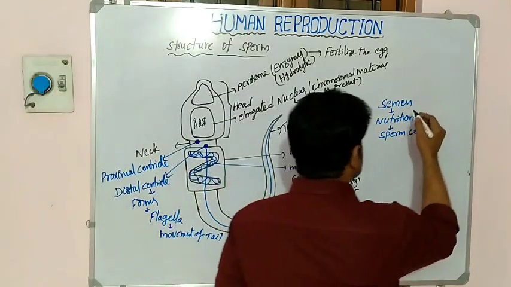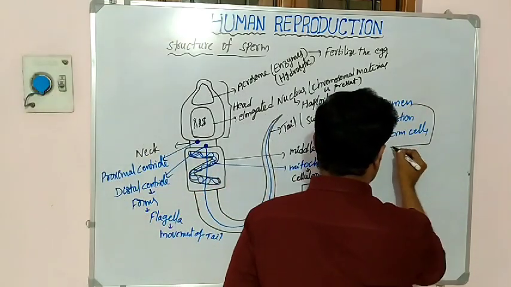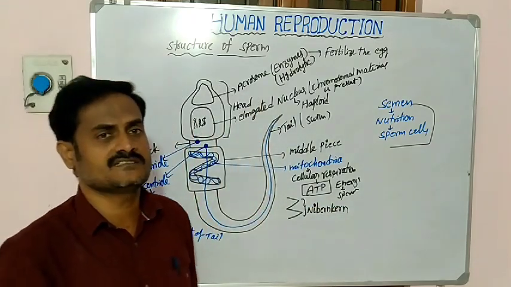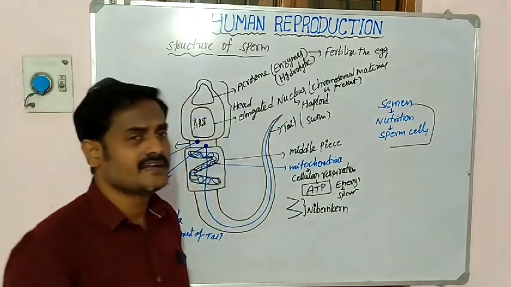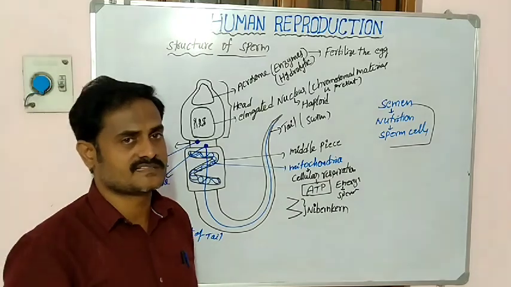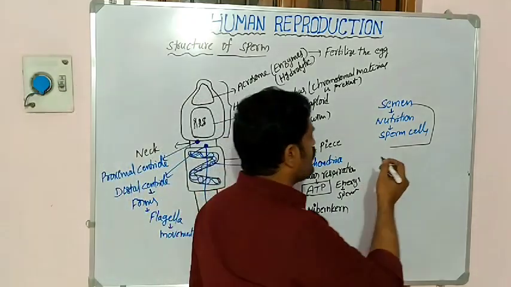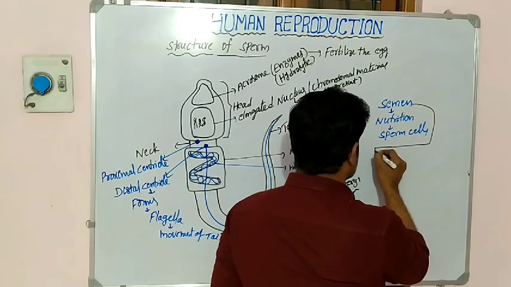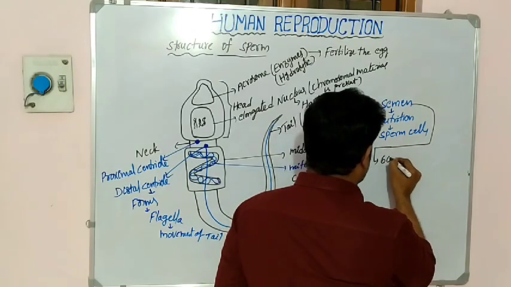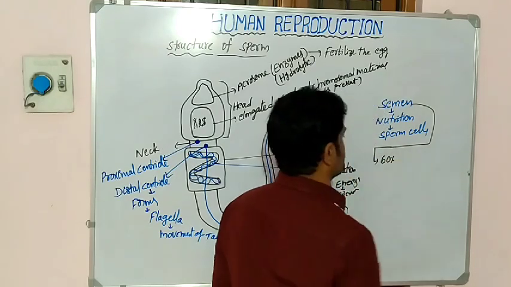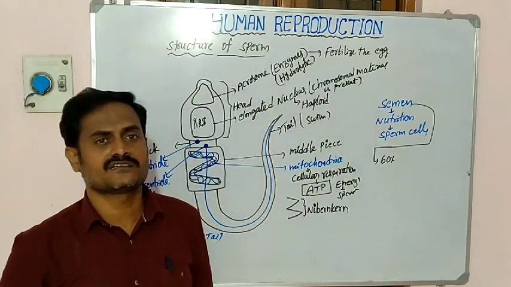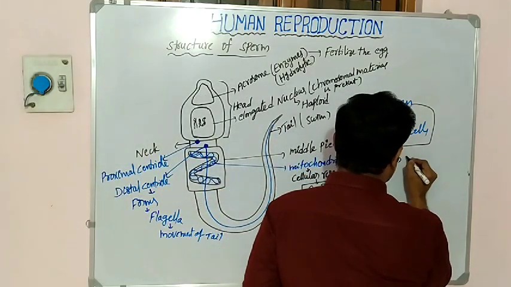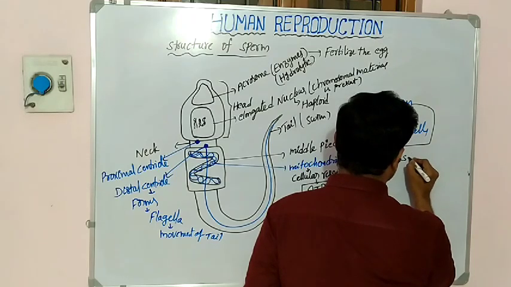The semen consists of majorly three gland secretions. What are they? Seminal vesicle secretions, prostate gland secretions and also bulbourethral gland secretions. What is the percentage of these gland secretions? See, nearly 60% of the semen consists of seminal vesicle fluids.